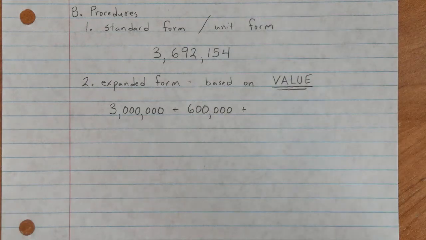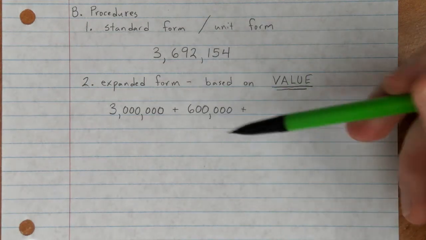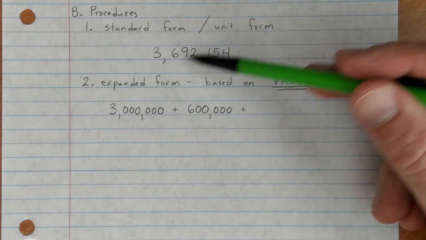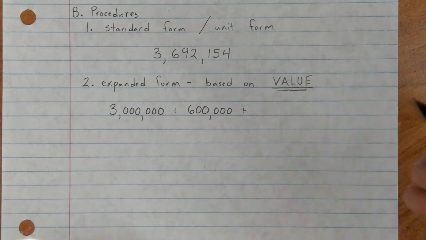Now hopefully you notice I'm putting these little plus symbols. I'm adding these things together because adding them together would give me the actual final result. The final, or I guess original number.